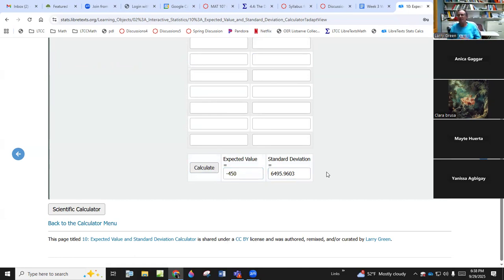What do you think? Do you think buying insurance is a good idea? What's your thought? Okay, the answer to this is it depends.